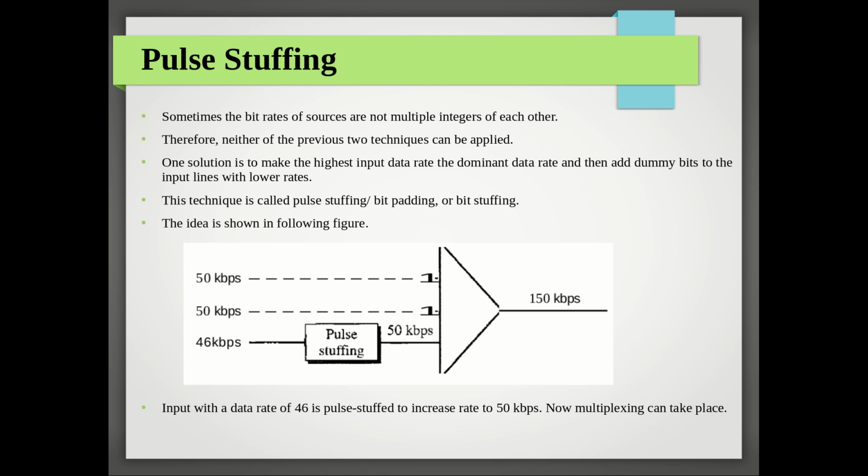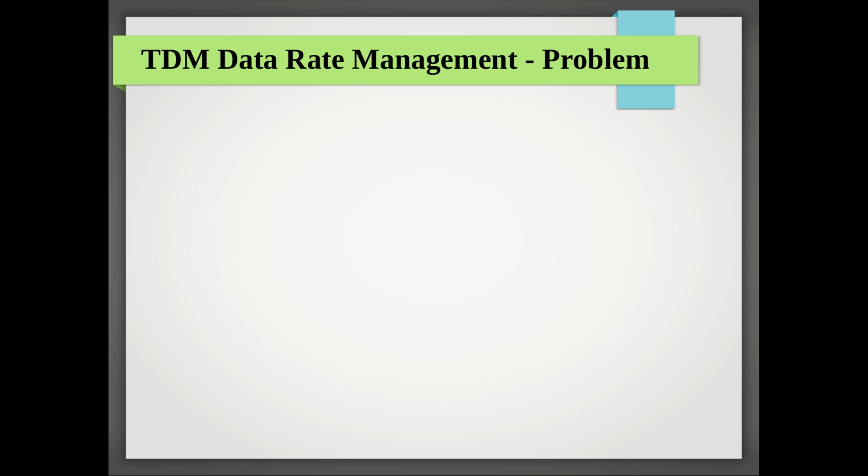The input with the data rate of 46 is pulse stuffed to increase its data rate to 50 kilobits per second by using dummy bits, because 50 is the dominant data rate here. So now traditional multiplexing can be applied at the next level.